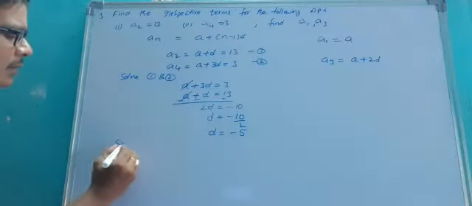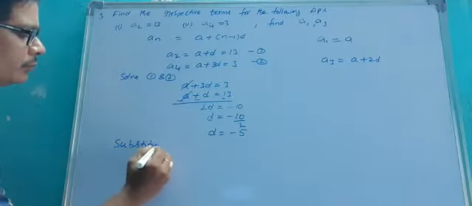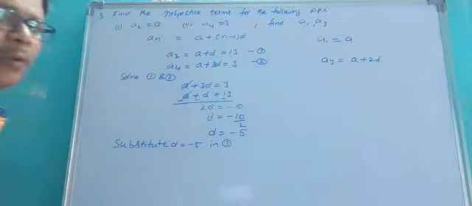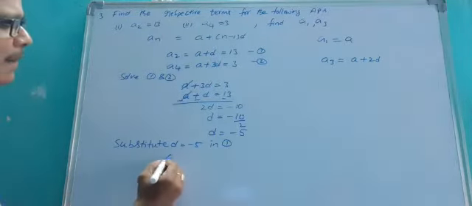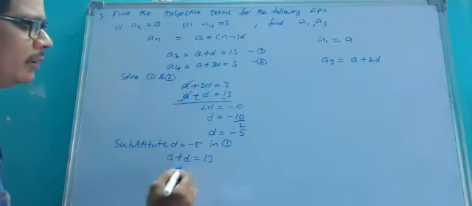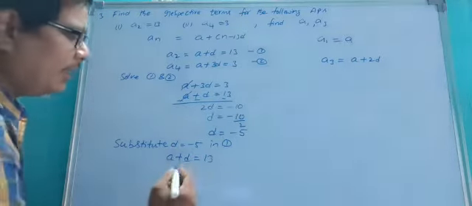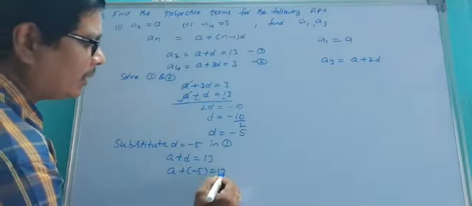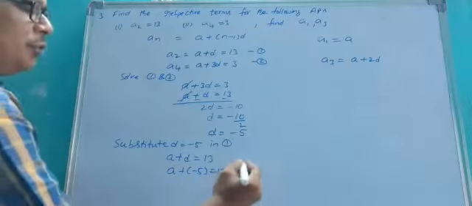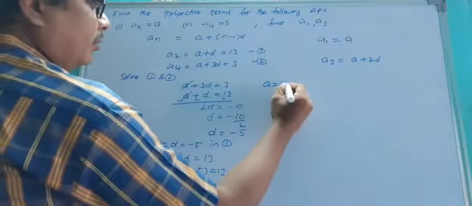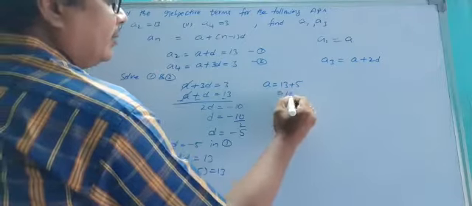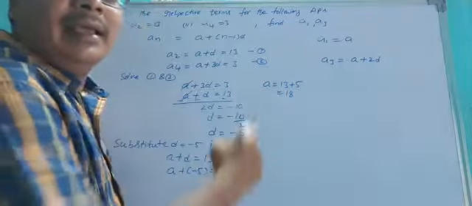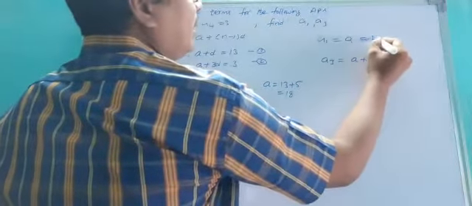Substituting d equals minus 5 in equation 1, a plus d equals 13, so a plus of minus 5 equals 13. Transposing the minus 5, a equals 13 plus 5, that equals 18. We got the first term a equals 18.